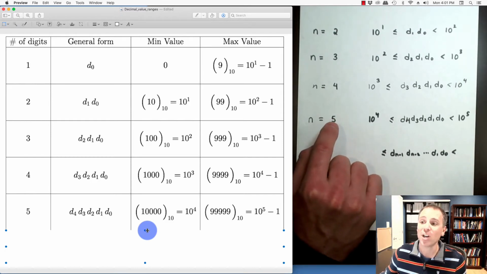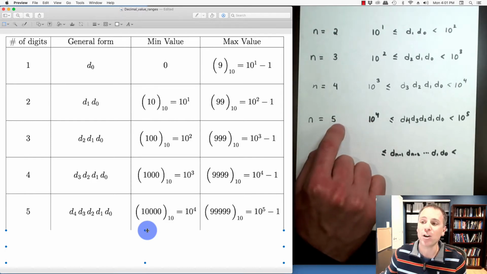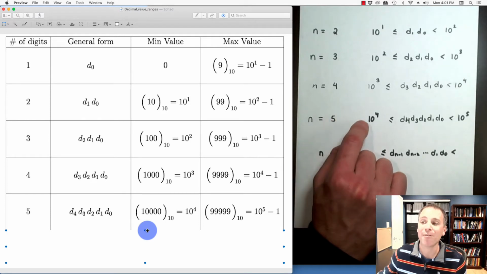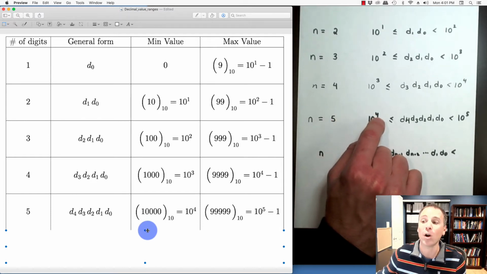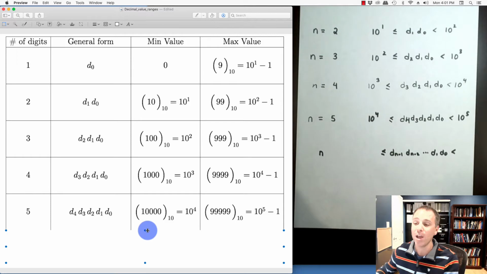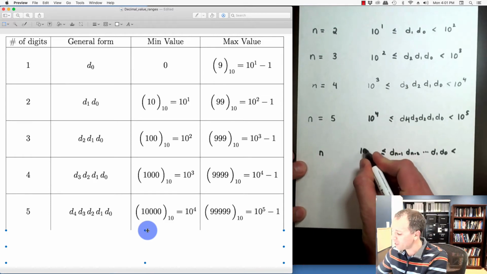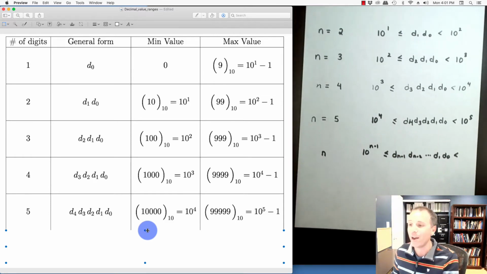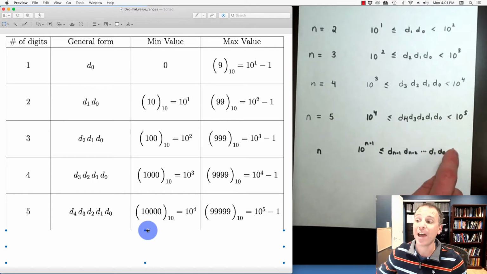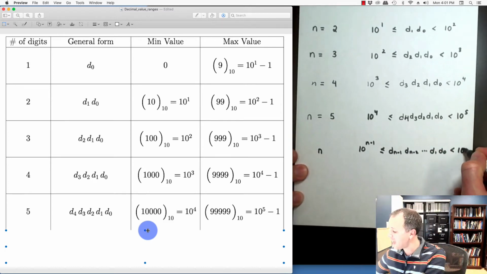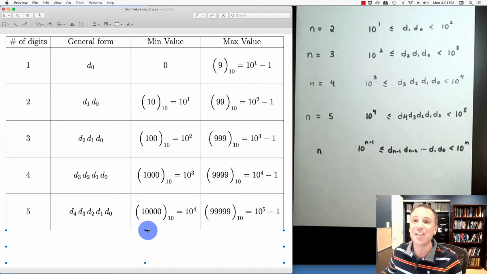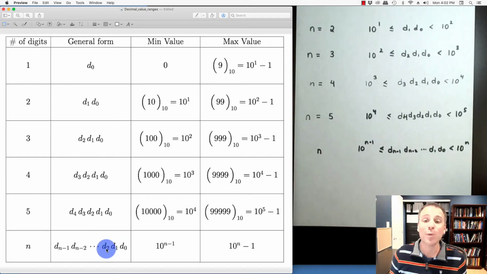Well, what we saw is that the minimum value, however many digits we have, is going to be 10 to the power of that number of digits minus 1. So in the case of a general n, this would be 10 to the n minus 1. And then we said that the upper bound would be 10 to the n, which is exactly the pattern that we saw. And in fact, that's what we see here on screen, that when we have n digits, the general form is as we expect from these videos.